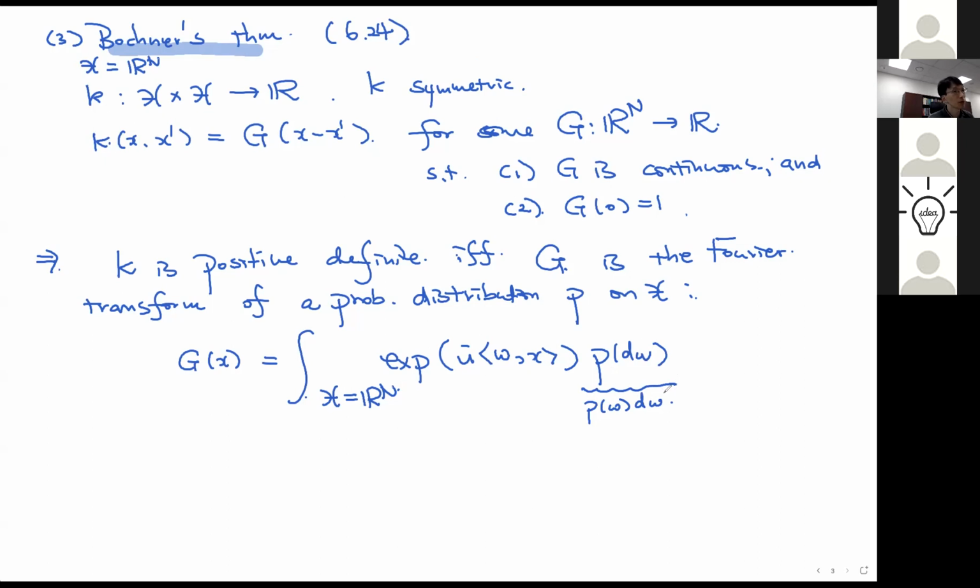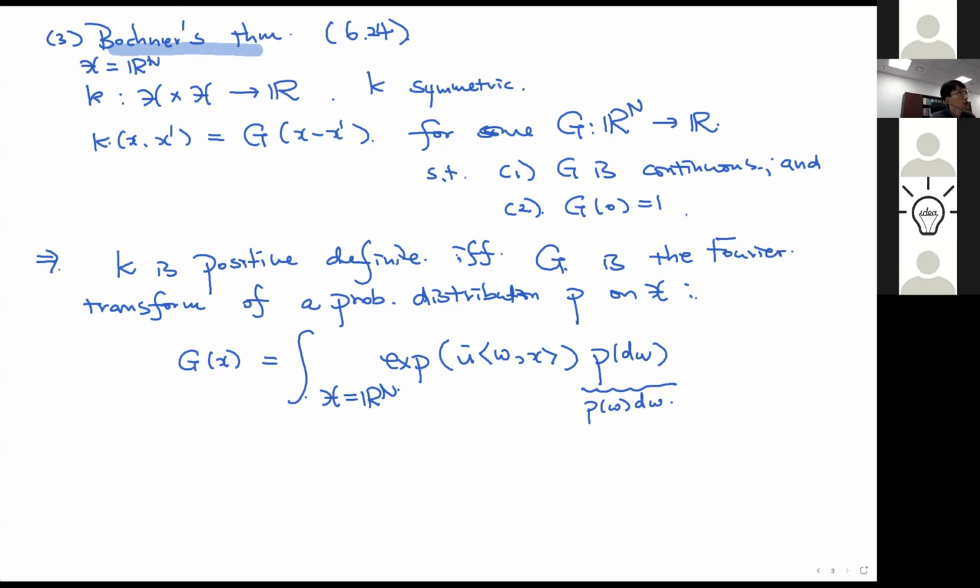P can be a probability measure. If you don't understand what I'm talking about, it's really just a Fourier transform of the probability density P of w. Also, if you're familiar with probability theory, you can see that this is a characteristic function of P of w.